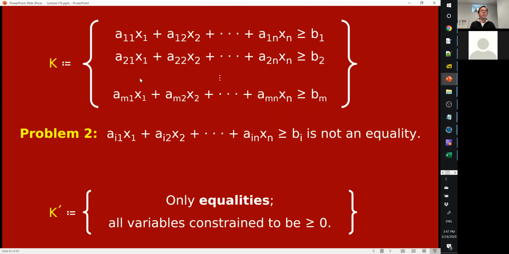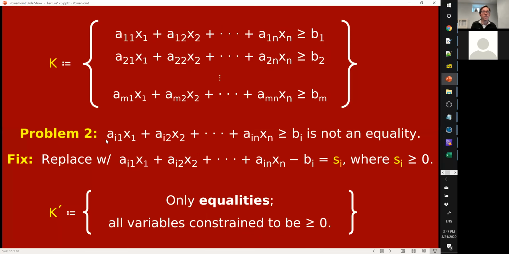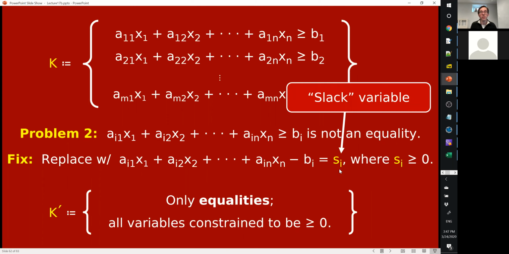Okay, so that takes care of this aspect. The other problem, besides the variables not being constrained to be non-negative, is that your constraints are inequations and they're supposed to be equalities. The way to get around this is also pretty easy. You take each inequation, like this a dot x is greater than or equal to b, and you replace it with a dot x minus b equals s. This s is called a slack variable. It's a new variable that you introduce, and it has to be constrained to be non-negative.